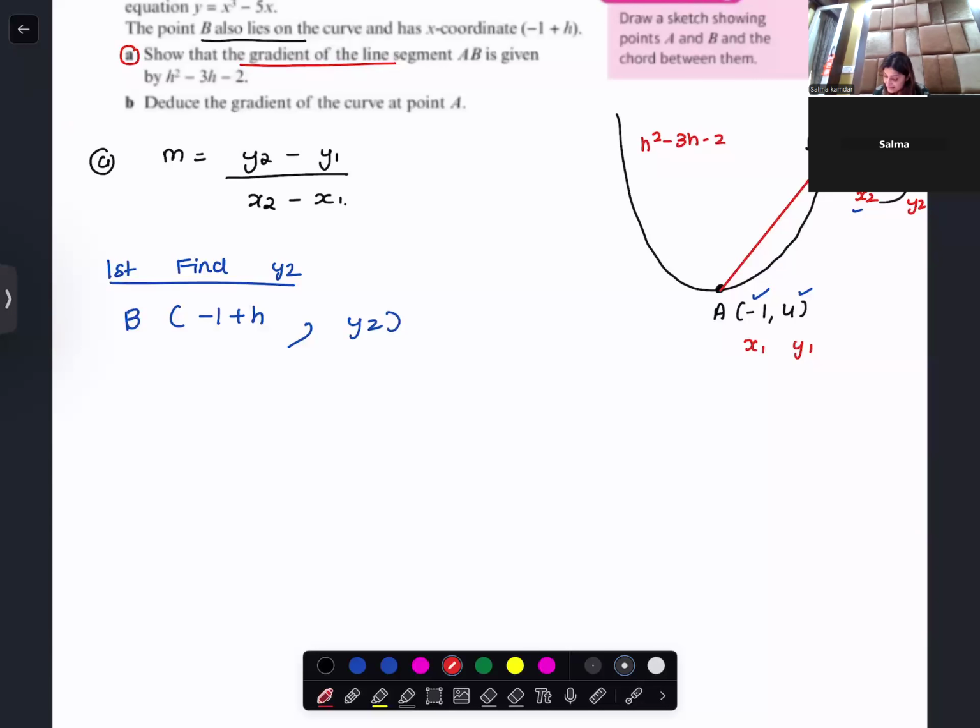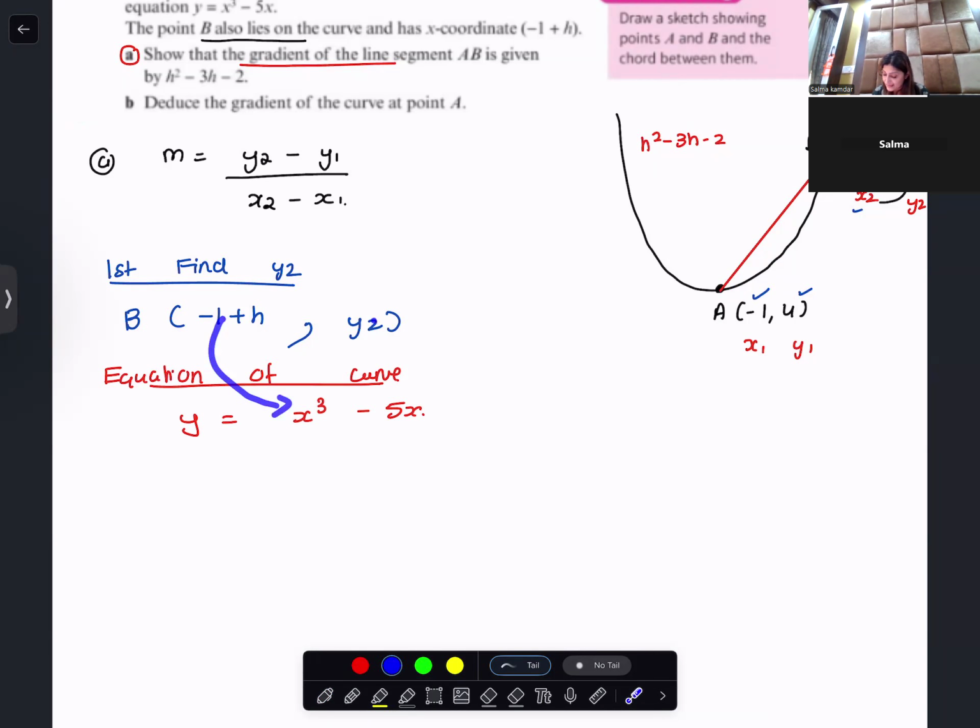But I know my equation of the curve is y is equal to x cubed minus 5x. If in this equation I substitute the value of x, I will get my y.